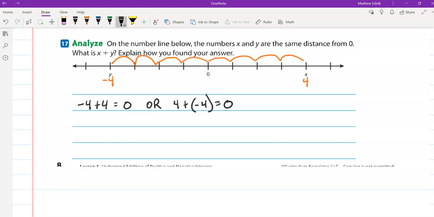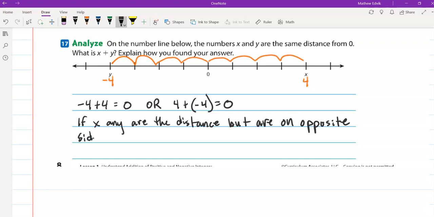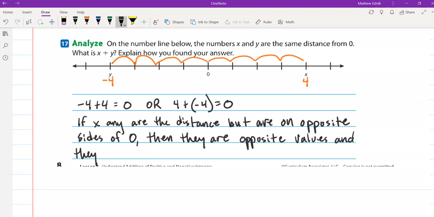So another way that you could have answered this would be to say that if x and y are the same distance but are on opposite sides of 0, then they are opposite values, and they would add to 0.